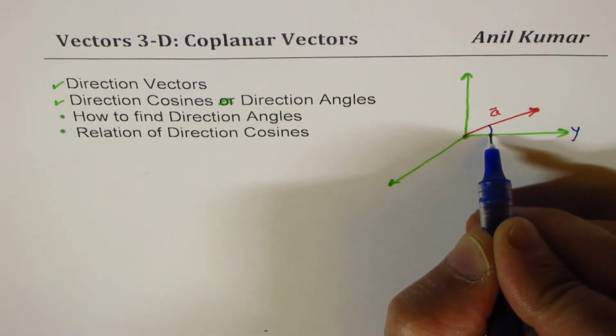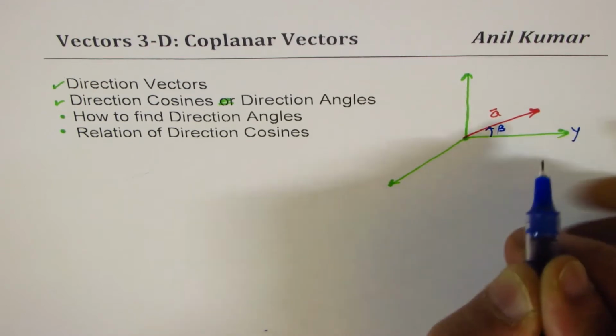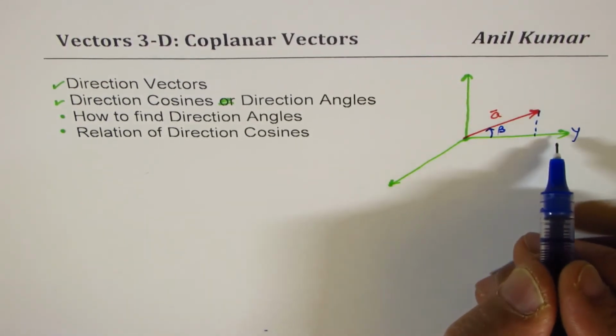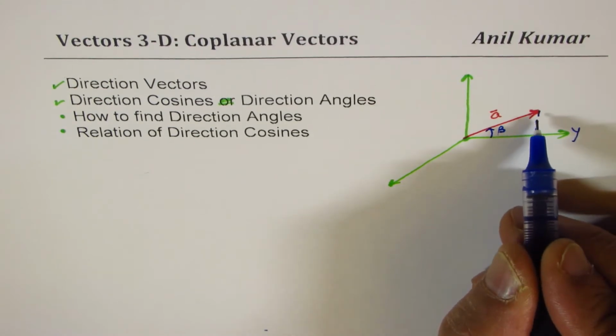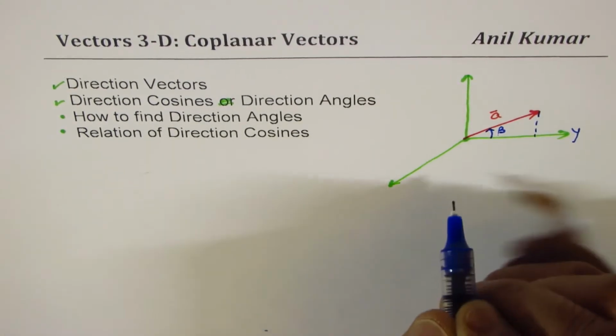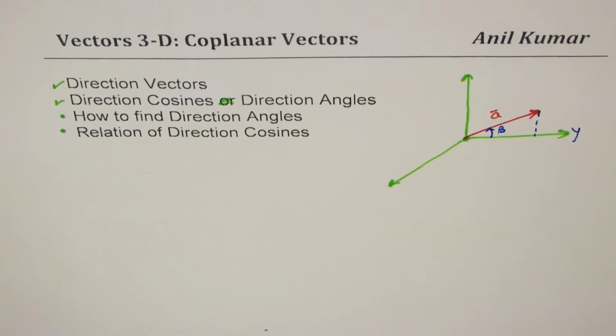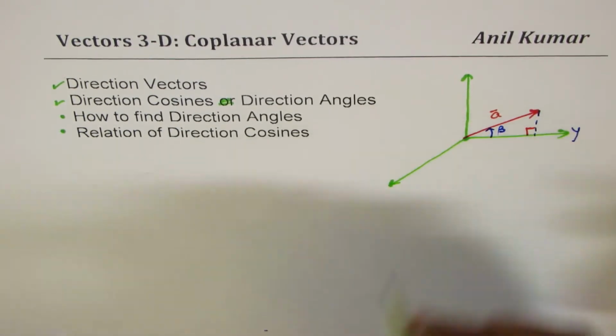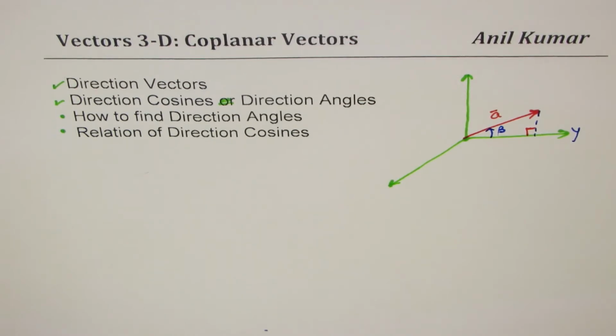So this angle we are saying is beta. If I drop a perpendicular from here on the y-axis, that means the projection of this vector A on the y-axis, I will see that it forms a right triangle. Now in this right triangle, the direction cosine is cos beta, correct?